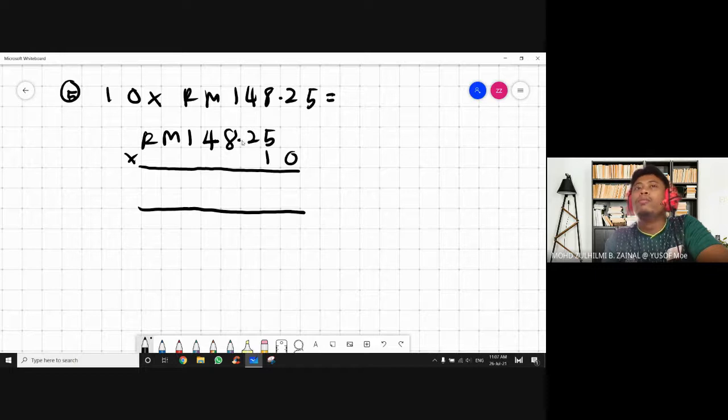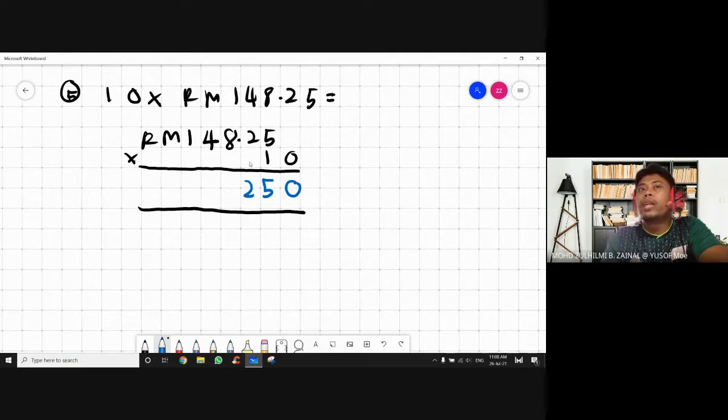So you have to make sure your cent point ni move, jangan silap. Cikgu takut nanti dibuat 250, salah lah. Okay. So macam cikgu ajar tadi, 0 you bring down 0. Okay, look at the calculation.